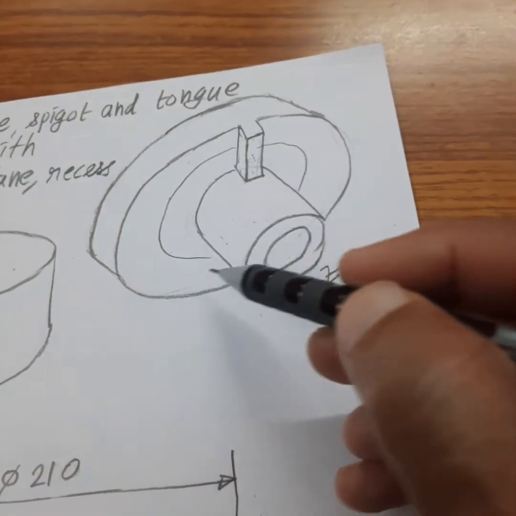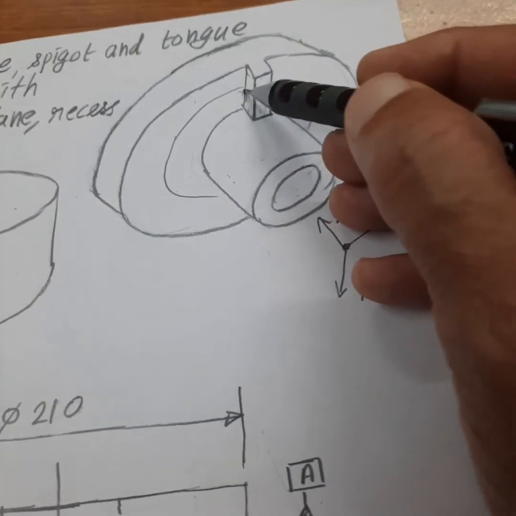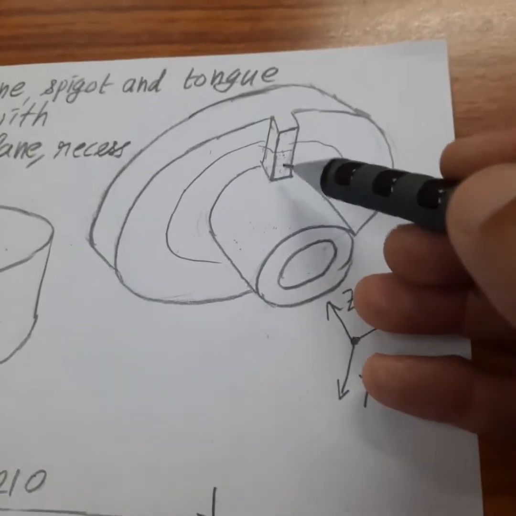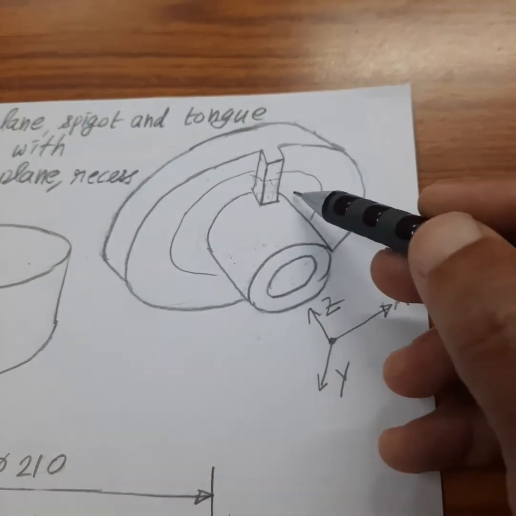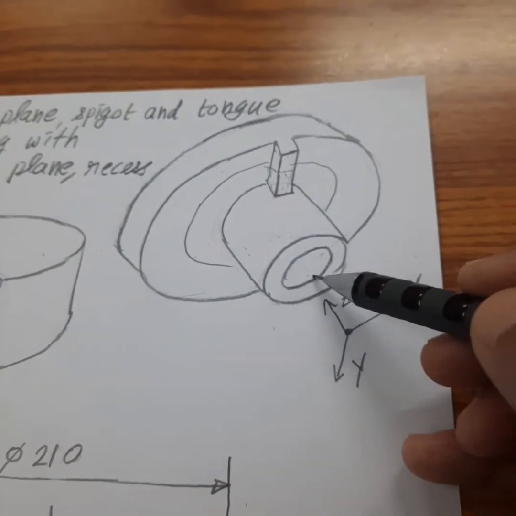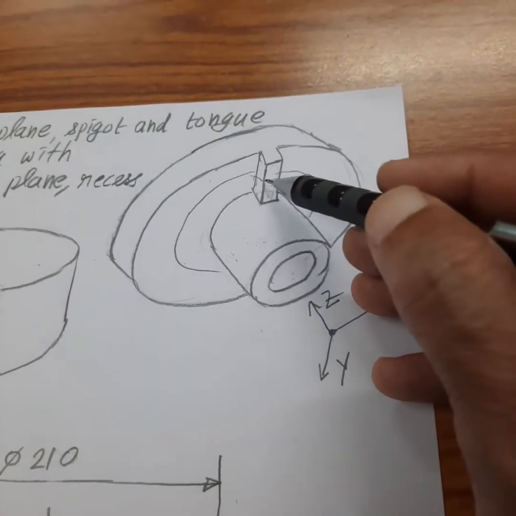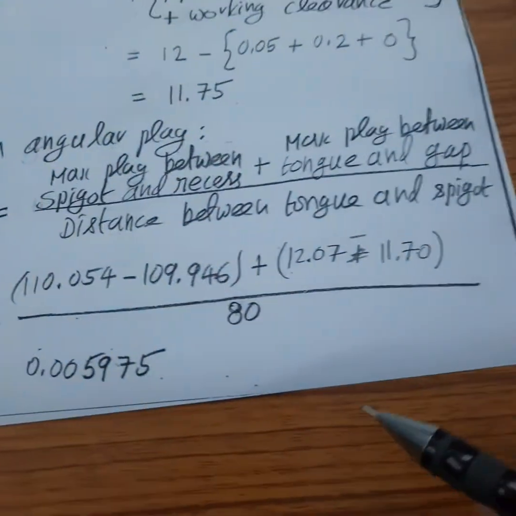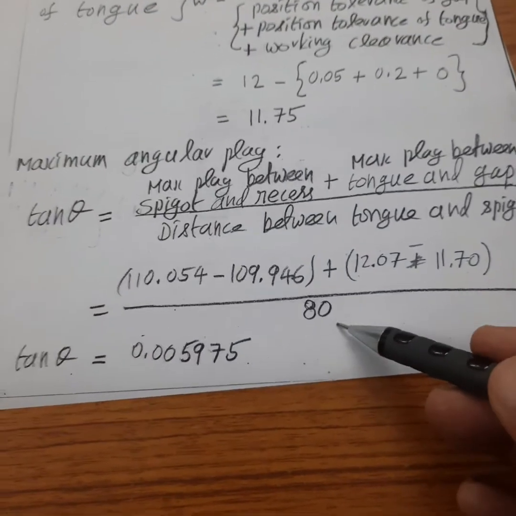So this circle of diameter 160 will pass through the middle plane of the tongue. Since this has a diameter of 160, half of that is 80. So 80 is the distance between the center of the spigot and the middle plane of the tongue. I have substituted 80 in the denominator.